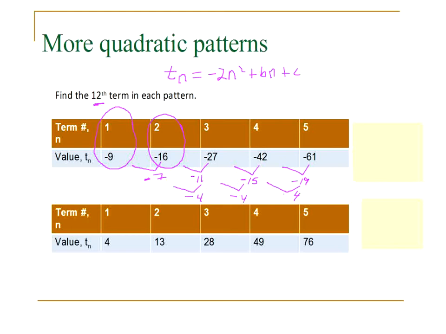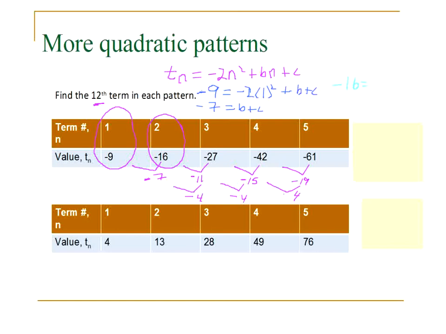And so I can use these data points to find the B and C value. Negative 9 equals negative 2 times 1 squared plus B plus C. 1 squared is 1 times negative 2 is negative 2. Add that to both sides, I get negative 7 equals B plus C. Then I can use another term here. I can plug in negative 16, and that's when n equals 2.